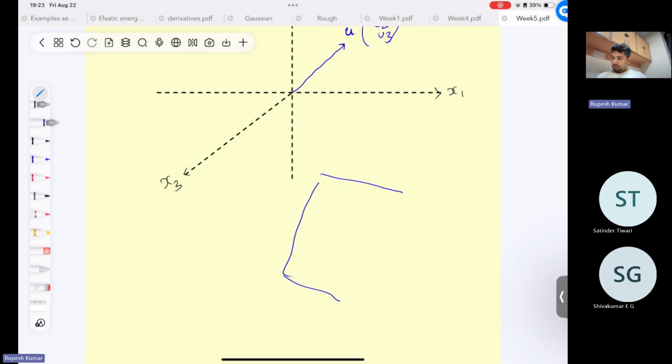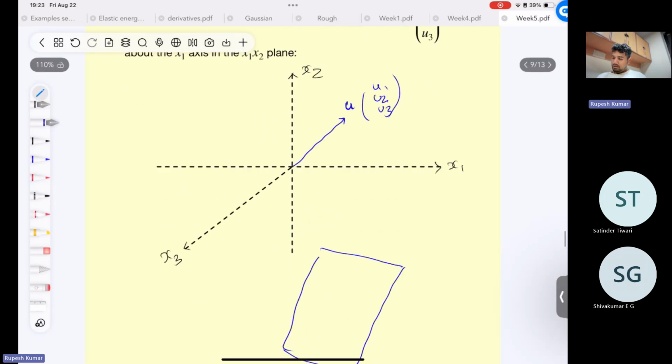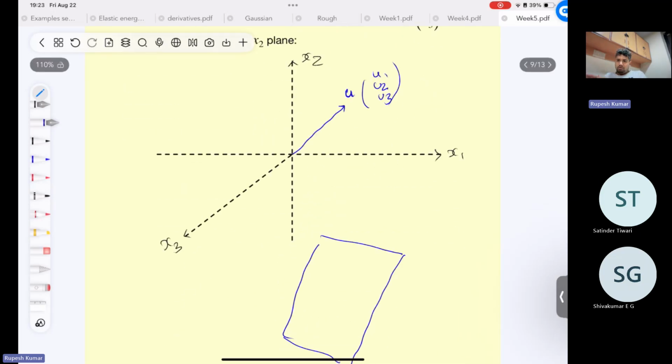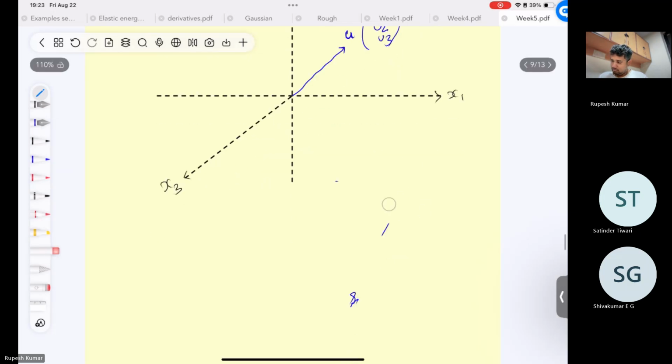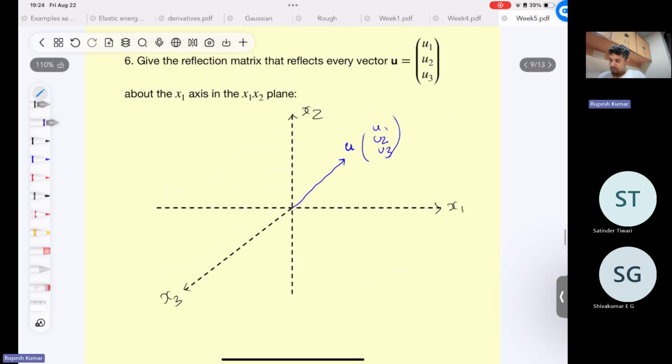Let's say this was the plane. What I'm doing is basically rotating the plane a bit so that we can see both ends of the point. Now let's plot this vector as if it is coming out. So let's take this vector u. You can choose any vector you want.